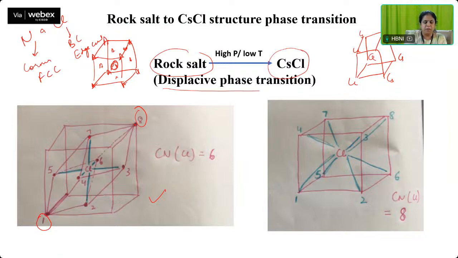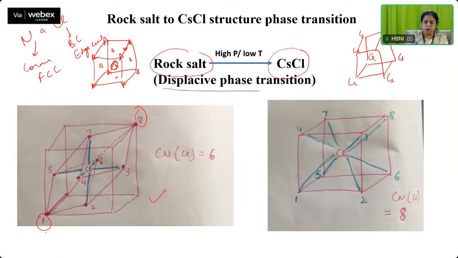What will happen is your corner atom 8, your face center atom 3, face center atom 4, and face center atom 7, they will form corners of this cube this way. Okay, 8, 3, 4, 7, now they form a particular face.